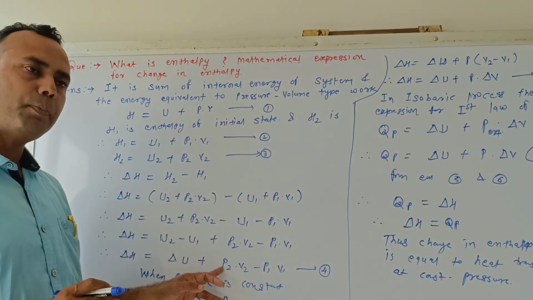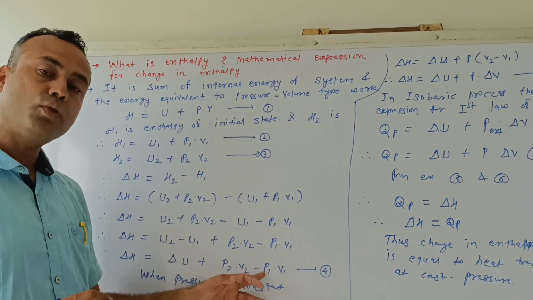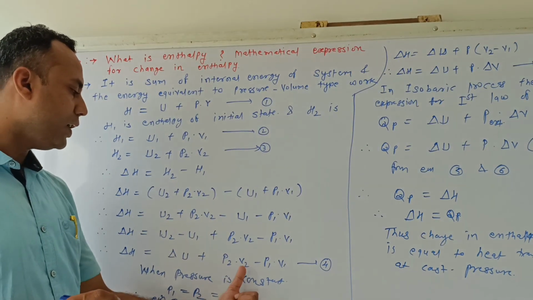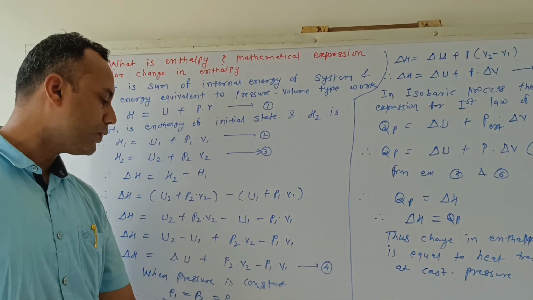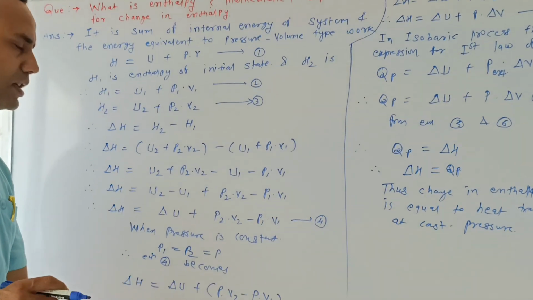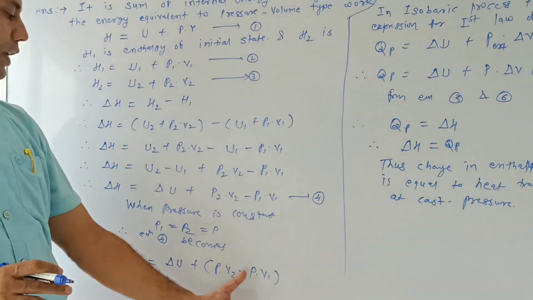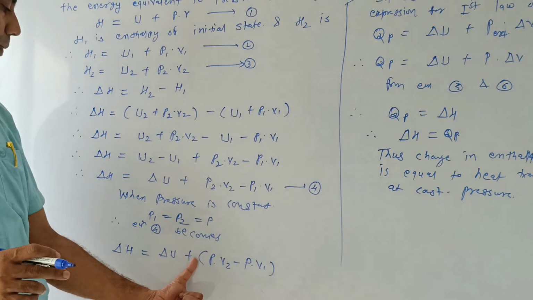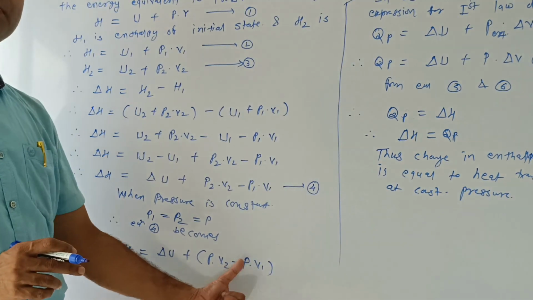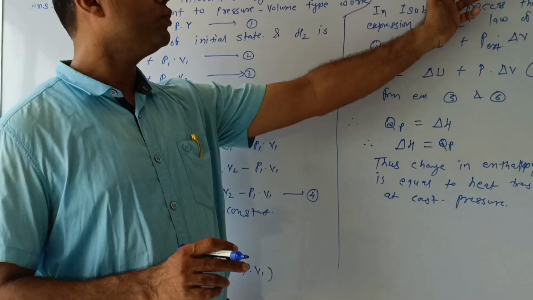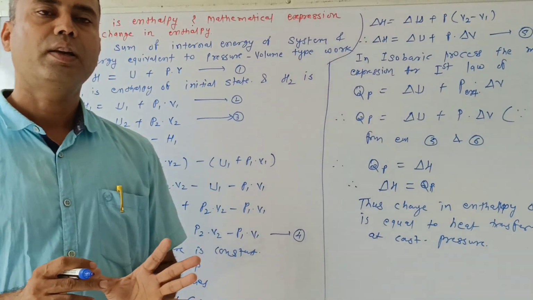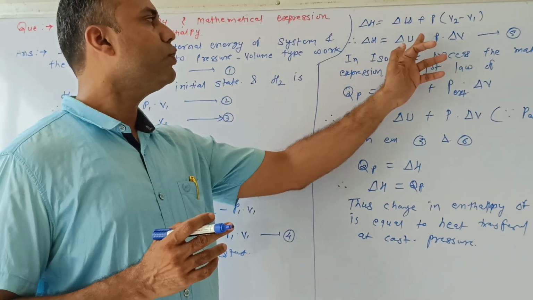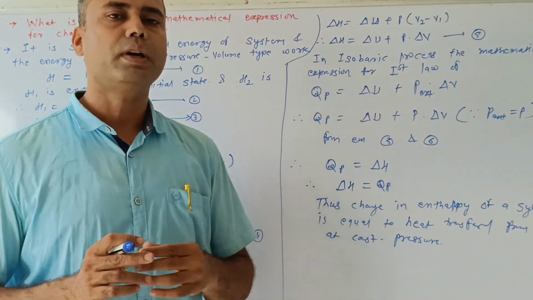P2 की जगह P, P1 की जगह P, क्योंकि प्रेशर कांस्टेंट है. डेल्टा H is equal to डेल्टा U plus P into V2 minus P into V1. यहाँ P कॉमन हो गया. तो डेल्टा H is equal to डेल्टा U plus P into V2 minus V1. V2 minus V1 होगी डेल्टा V. डेल्टा H is equal to डेल्टा U plus P into डेल्टा V, इक्वेशन नंबर 5.